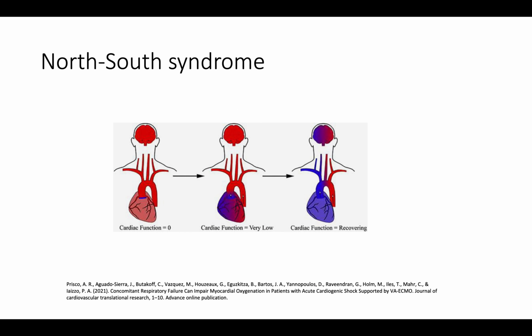Where this mixing zone will be is dependent on the native cardiac output versus ECMO flow. If the heart is hardly ejecting, as shown in the image labeled cardiac function 0, the risk of upper body hypoxemia is low. As the cardiac function improves, the deoxygenated blood can reach the root of the aorta and coronaries and subsequently the brain.